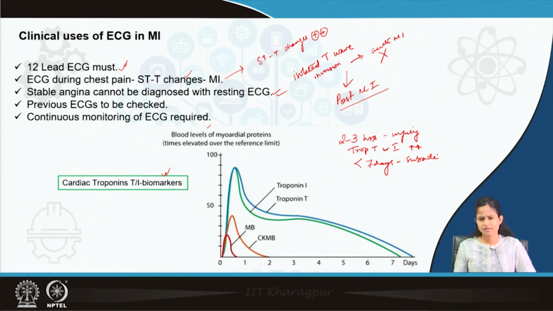That is why during this period we collect a number of samples of troponins. The other biomarkers, like creatine kinase and myoglobin, are usually non-specific because they are also present in skeletal muscles. That is why we emphasize troponin T and troponin I.